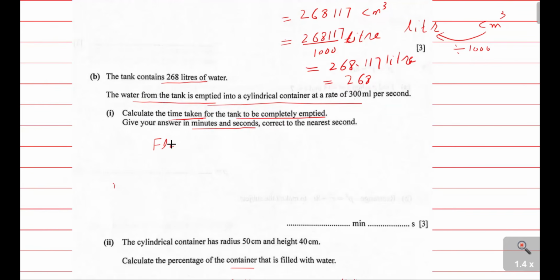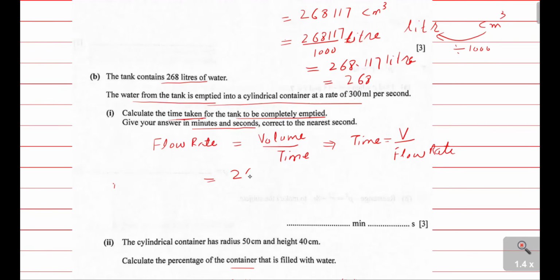The flow rate formula is equal to volume divided by time, and time will be equal to volume divided by flow rate. Volume here is 268 liters, and this is 300 milliliters.